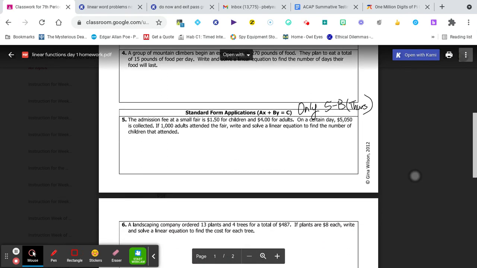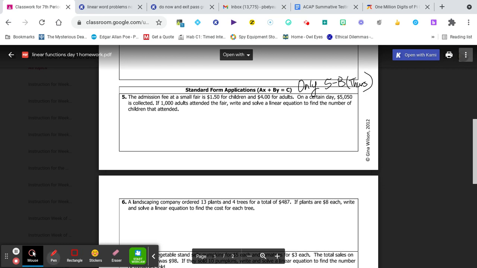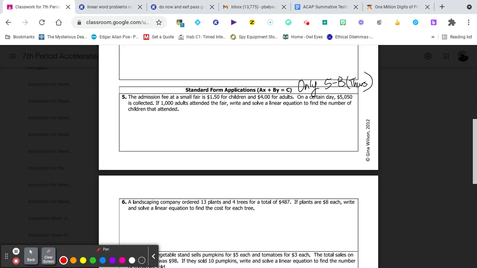And your day 2 is this part. Only complete 5 through 8 today, Thursday. It's going to be thing 1 and thing 2 on there. And then we should be ready for the ACAP practice test. But like I said, if not, then go ahead and start working on 5 through 8.